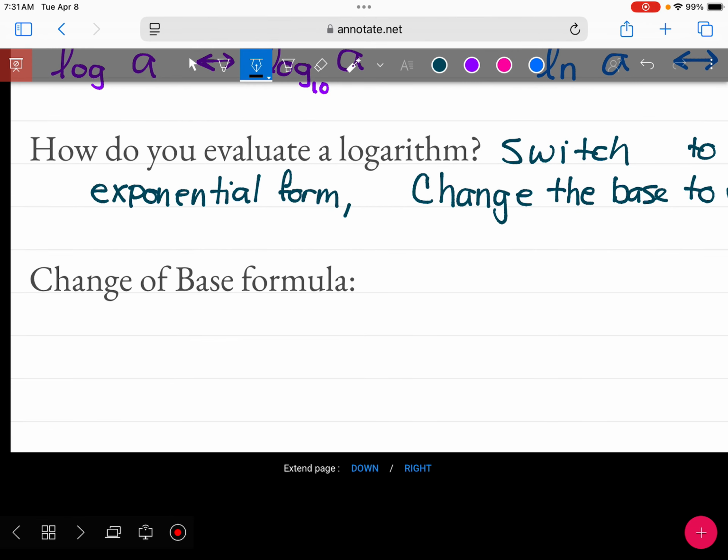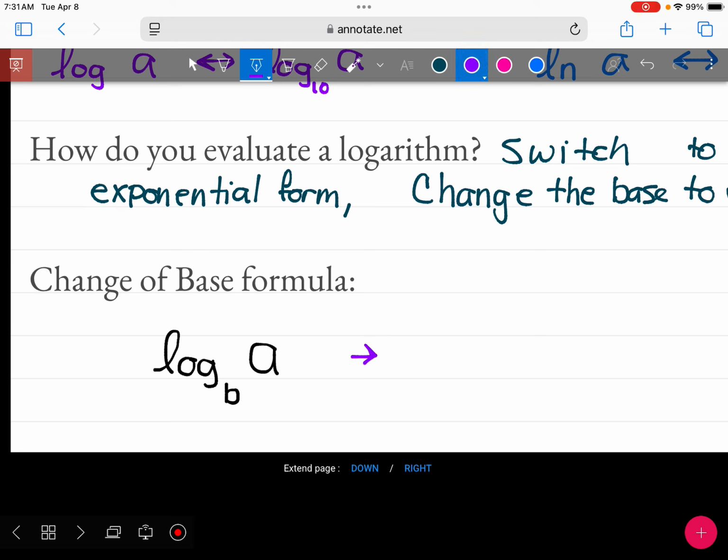If we have a log with some base b and an argument, so we don't even have to have a power here. We don't have to have the whole statement. I could get this as a value, because I could rewrite this.